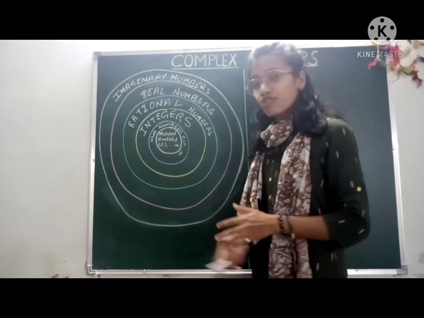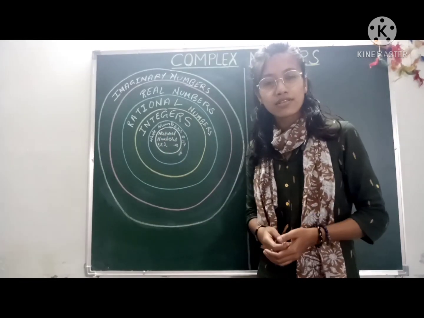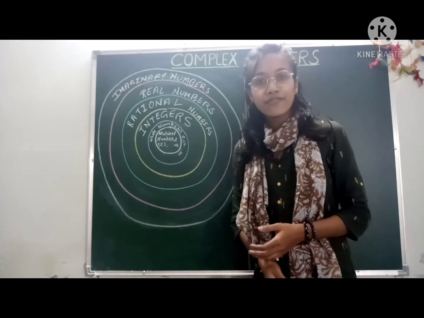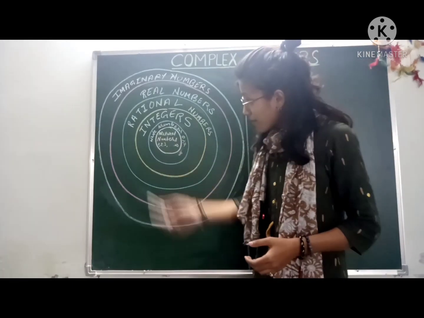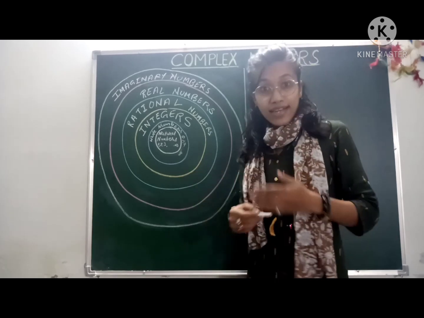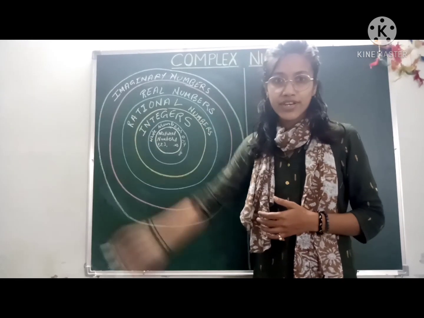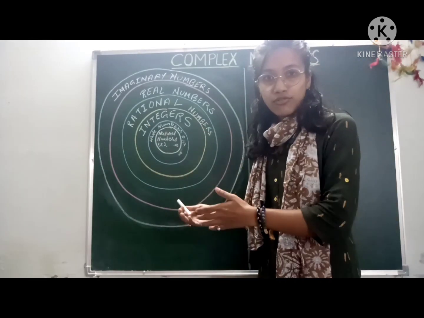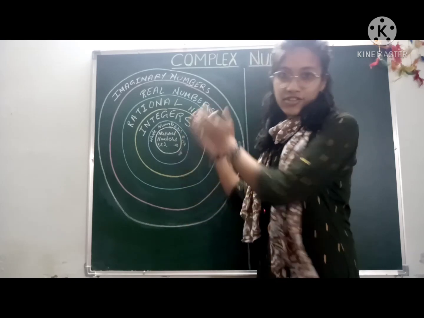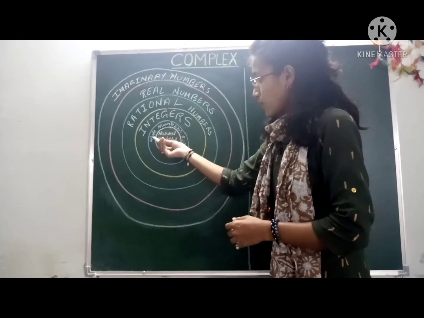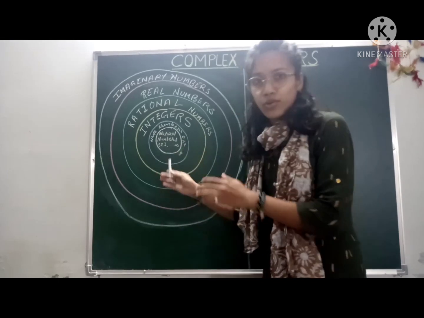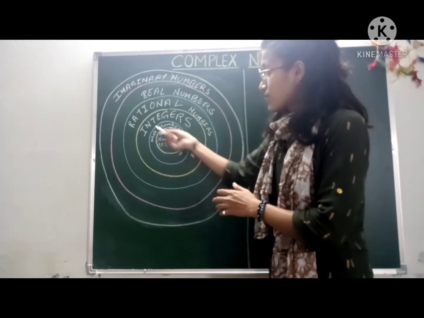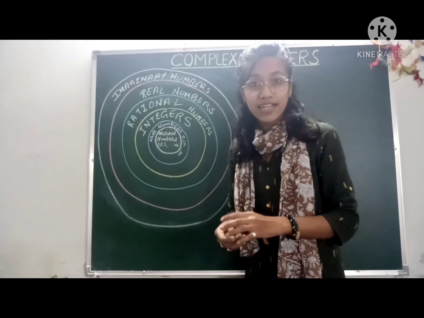Basically these are the natural numbers starting from 1, 2, 3 up to infinity. Then come whole numbers, which include 0 also, up to infinity. I am explaining this because it is needed in this topic. Now come integers, which contain negative numbers.